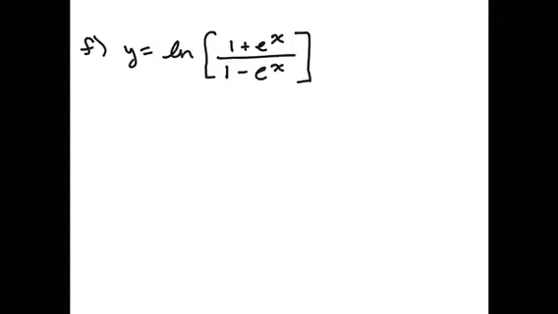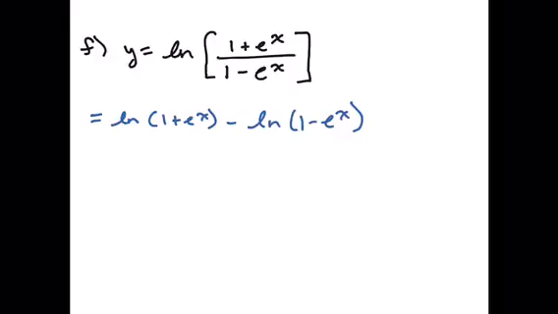Okay, in this problem, I see division, so I can turn it into subtraction. I'm going to rewrite this as the natural log of 1 plus e to the x minus the natural log of 1 minus e to the x. So we're going to take the derivatives of each of these terms separately.